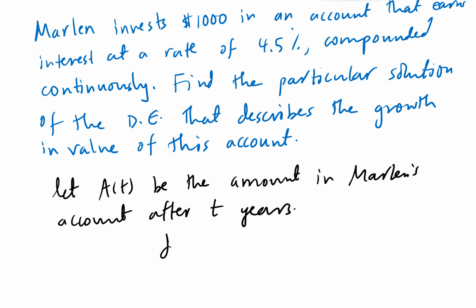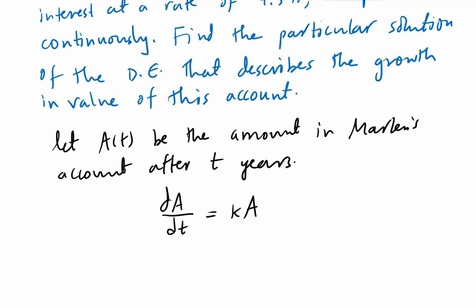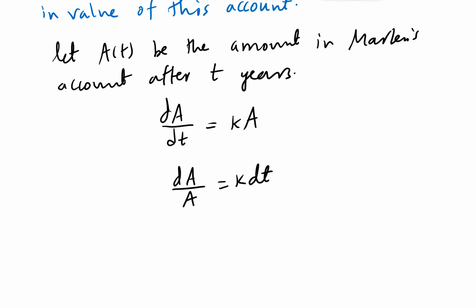We have from before, from previous sections, this differential equation dA/dt equals kA, which came from the compounding continuously equations. And to solve this, we do separable. We bring the A down and the dt up to the right. So I'm going to do all this work before we start applying the given information in the problem. So we integrate both sides.